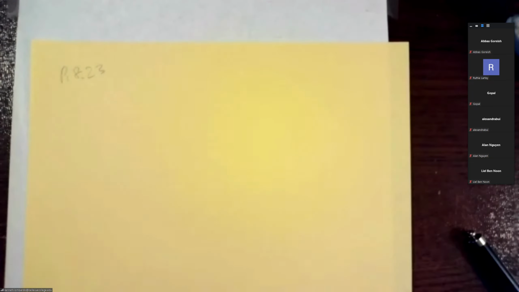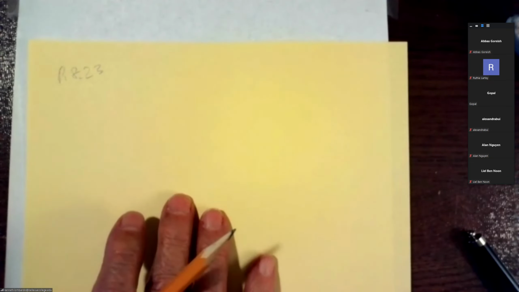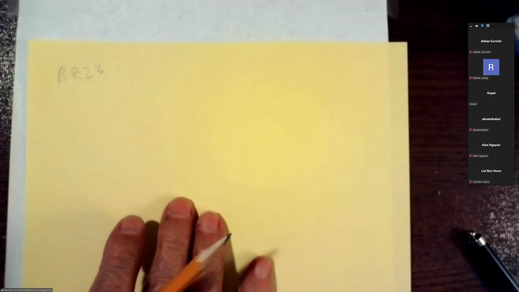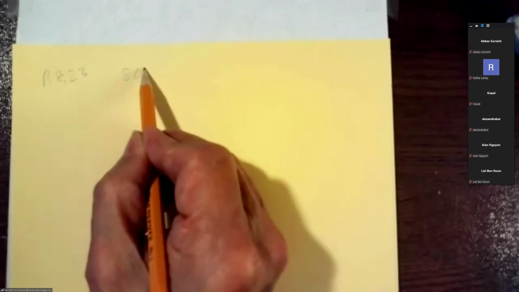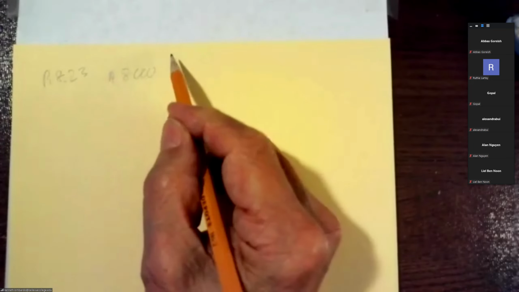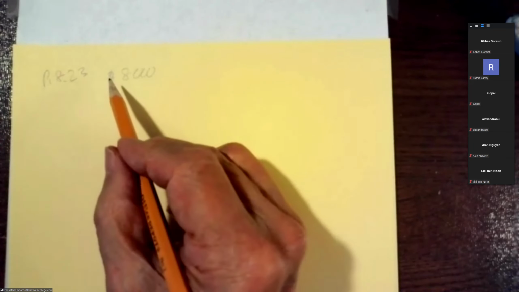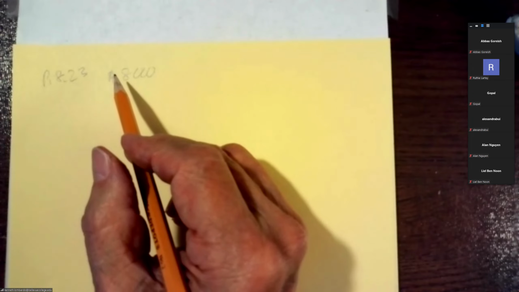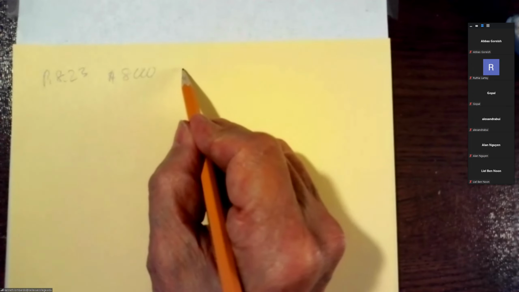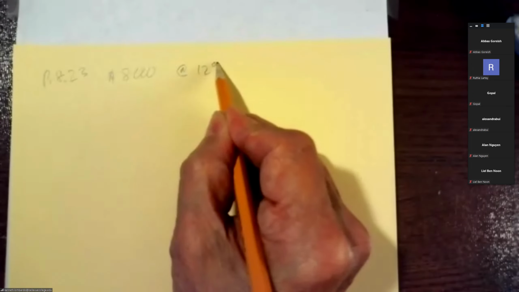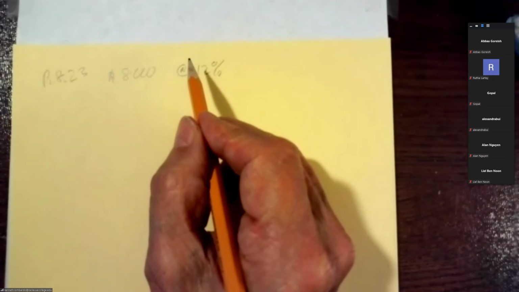The problem says things did not go quite as planned. You invested 8,000 in a stock that paid 12%. Is that the one? Yes. Okay. So we invested 8,000 at 12%.